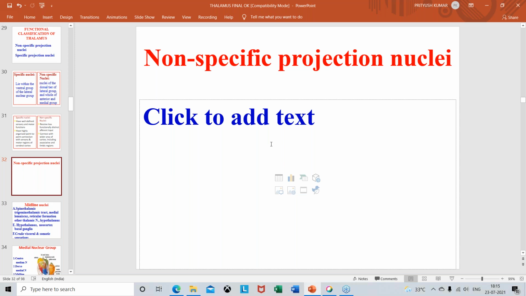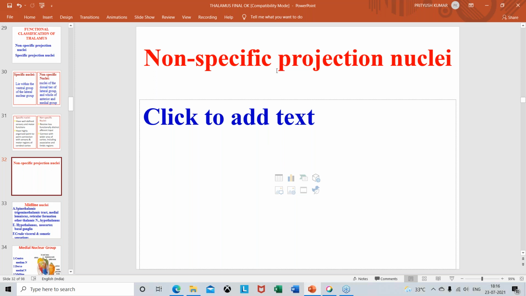And on the basis of function, we have classified various thalamic nuclei into two: non-specific and specific. So now we are discussing the individual important thalamic nuclei.